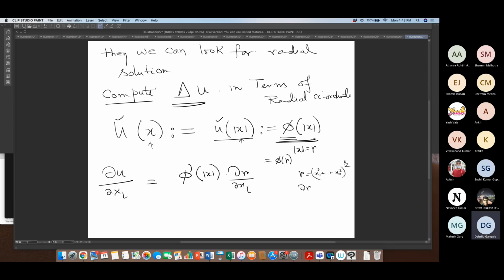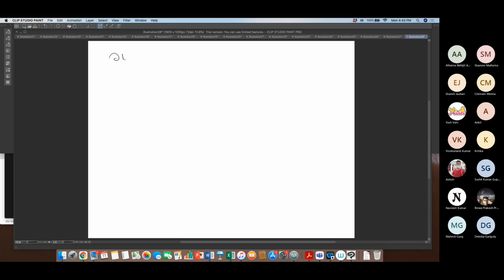So del r by del xi is 1 by mod x into xi, that is xi by mod x. So del u by del xi is phi prime of mod x, or you can write r, times xi by mod x.